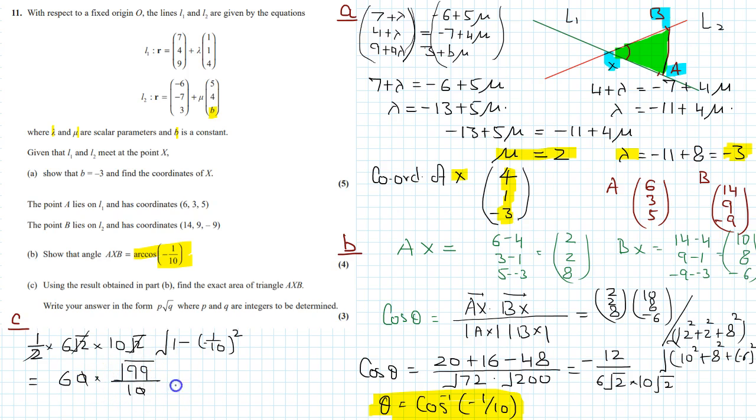This cancels. So this is 9 times 11, 6 times 3, 18 root 11. So that is the area of this triangle.